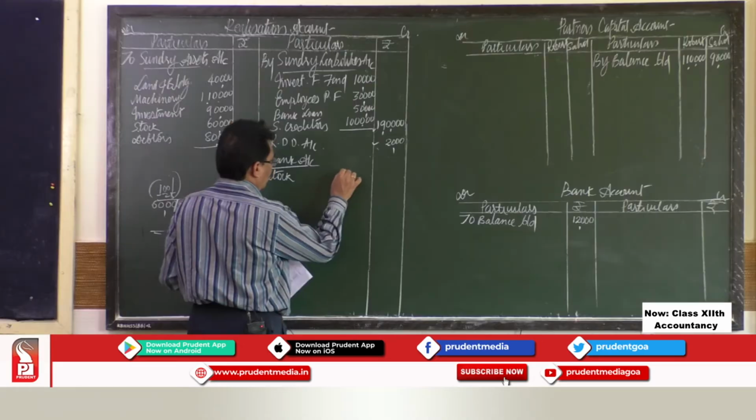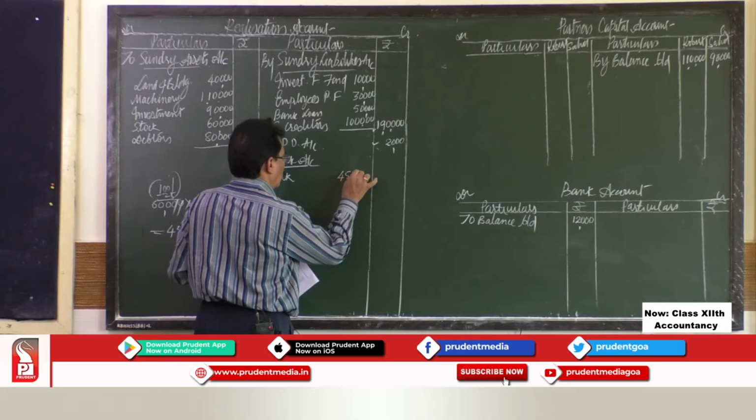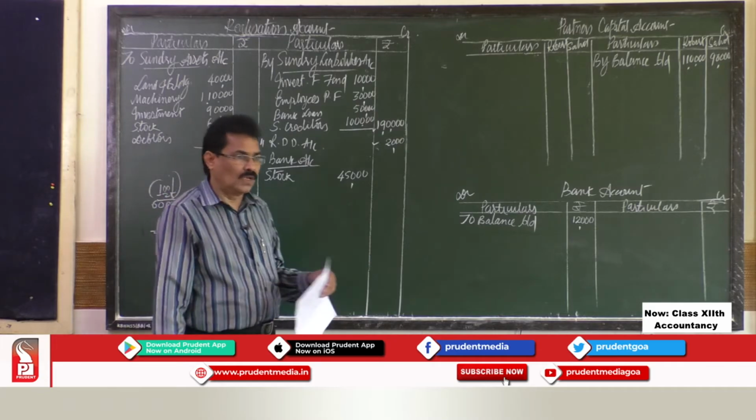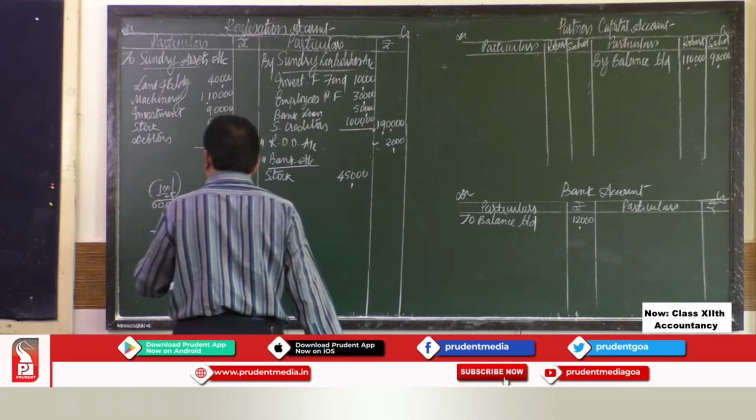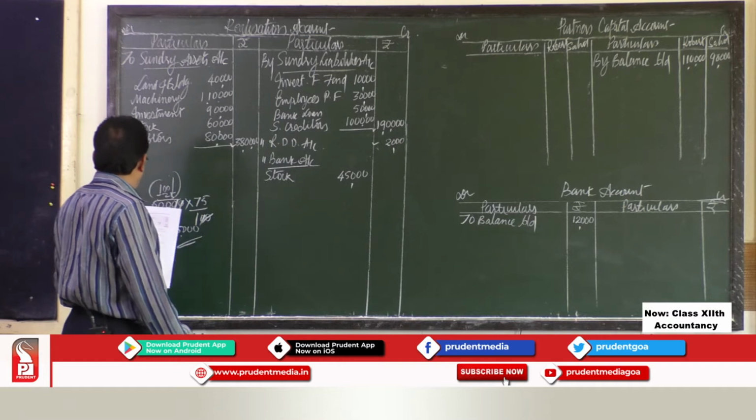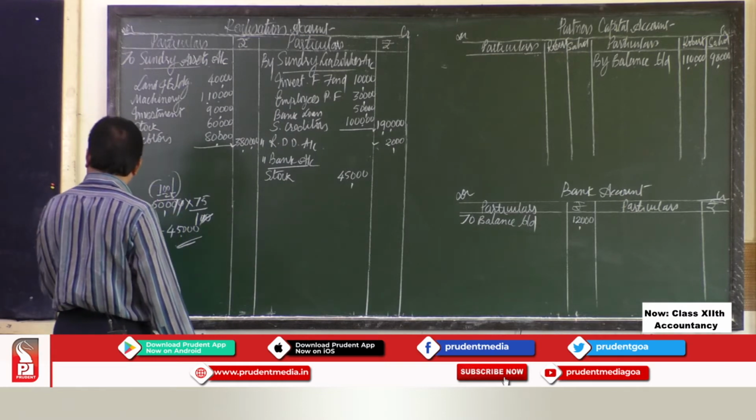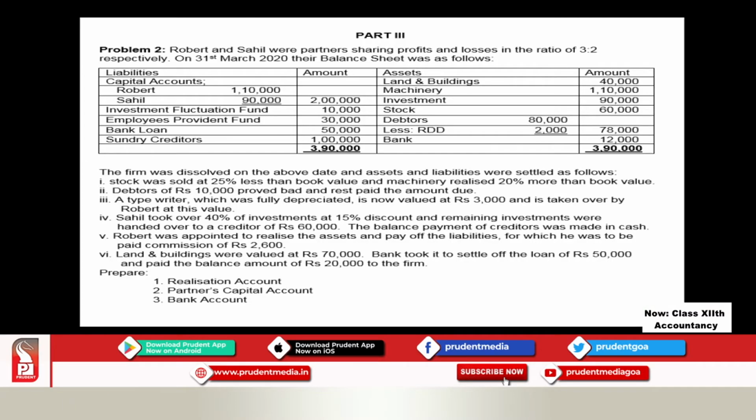So that 45,000 you have to put here. So, stock realized is rupees 45,000.